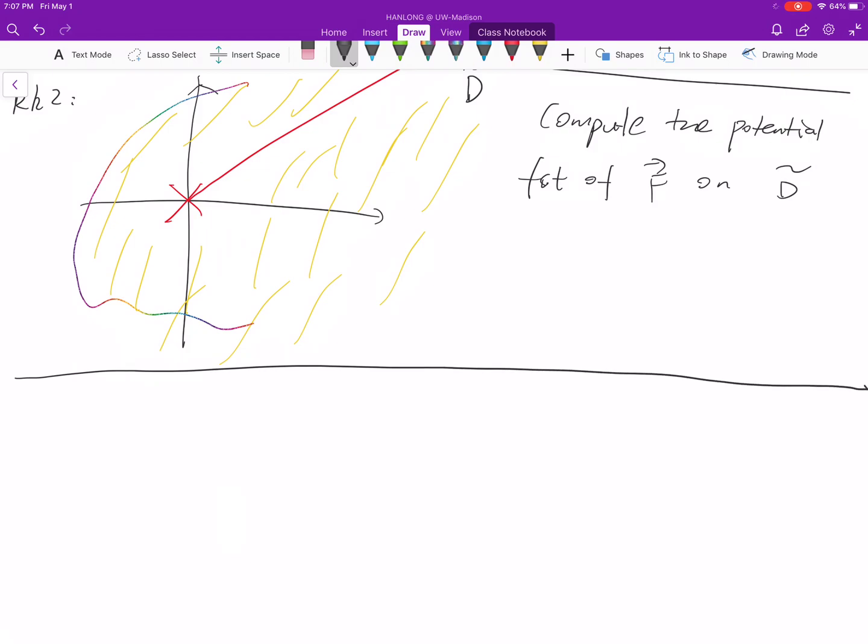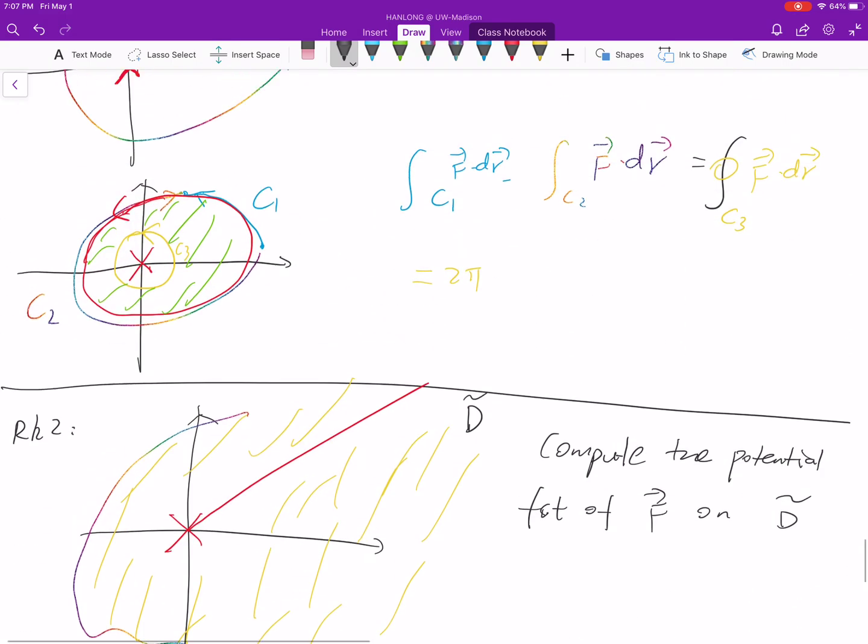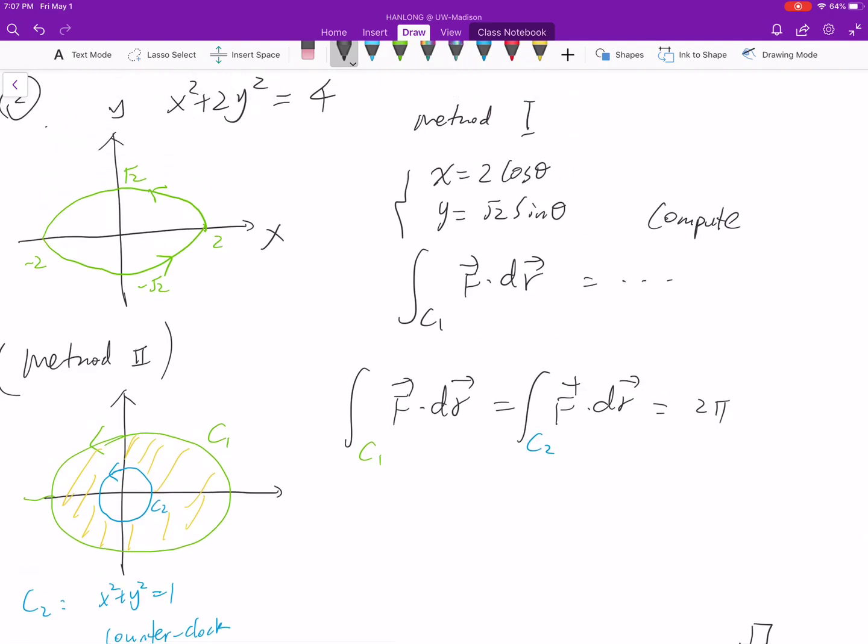And so the key idea of those fancy theorems is that if you know them and sometimes they apply, then your computation will be super easy, just like this one. If you use Green's theorem, method 2, it's just 2 pi.